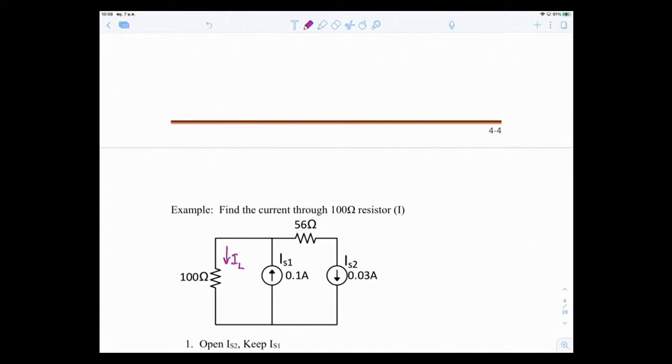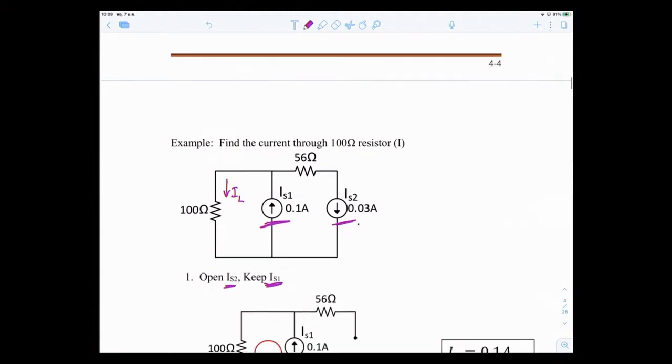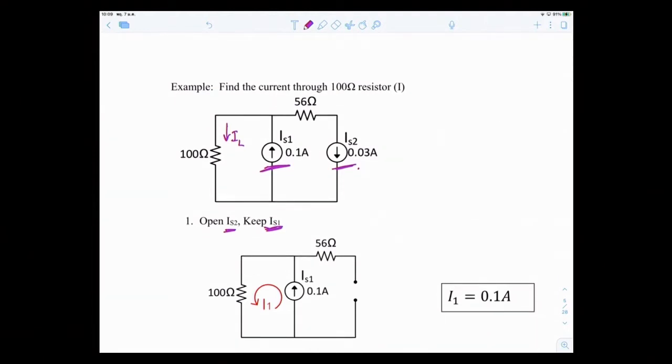I'm going to keep IS1 first, the 0.1 amps. The other source in the circuit is a current source also, so I have to open it. So open IS2. To open it, I said before that you simply take it out, and it becomes open like this.